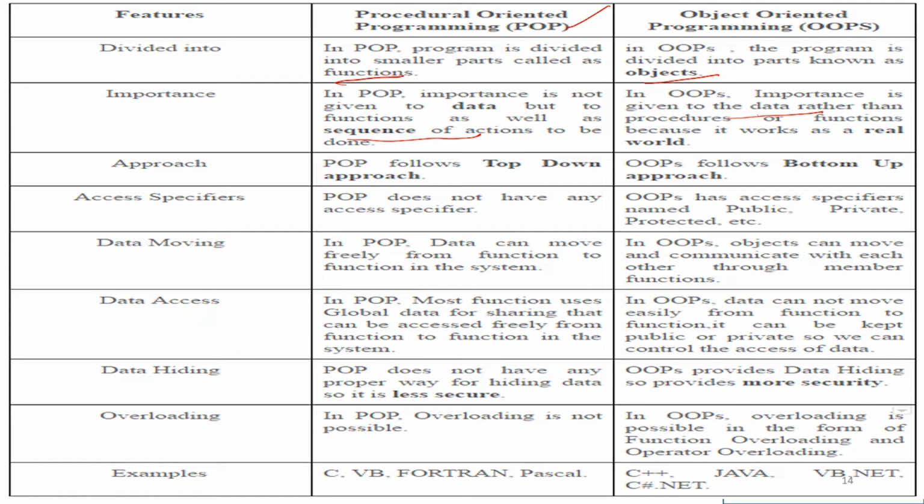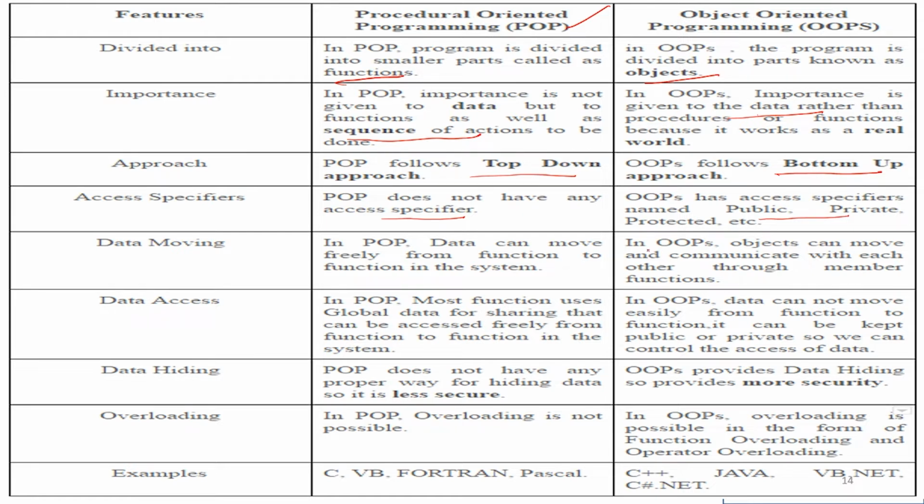Then POP, procedural-oriented programming, follows a top-down approach, whereas OOPS follows a bottom-up approach. There are no access specifiers in POP, but OOPS uses access specifiers like public, private, protected.